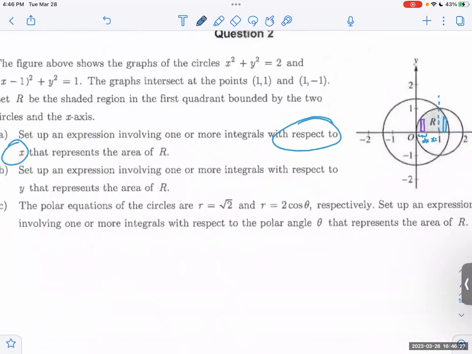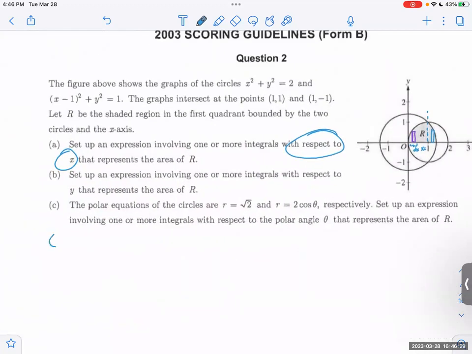And you're setting this up like you learned in chapter 6, which means that you have to solve for what y is equal to. So 2 minus x squared for one of the equations, and then the square root of that. The other equation would be y equals 1 minus (x minus 1) squared, and then the square root of that. And then you're going to do top minus bottom.